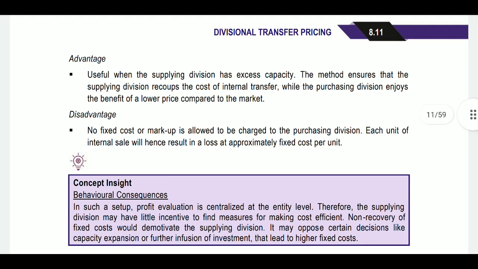The advantage is where the supplying division has excessive capacity, the method ensures that the supplying division recoups the cost of internal transfer, while the purchasing division enjoys the benefit of a lower price. So here the beneficiary will be the purchasing department. Sometimes they may ask in which method who will benefit. In marginal cost, the purchasing division will benefit.